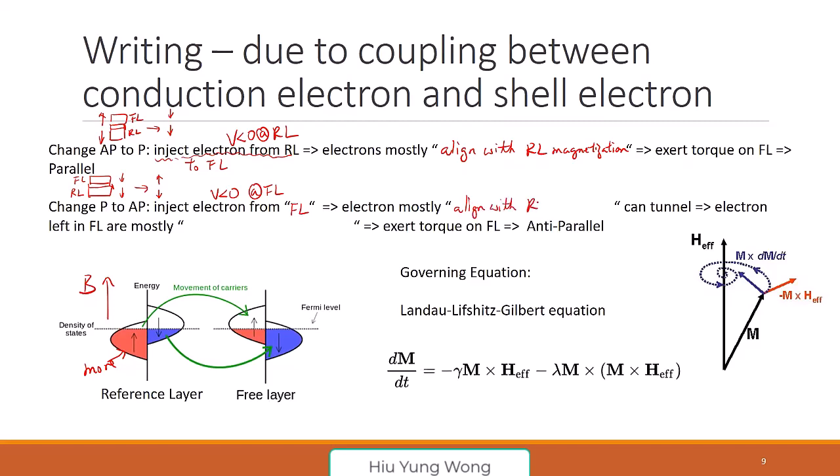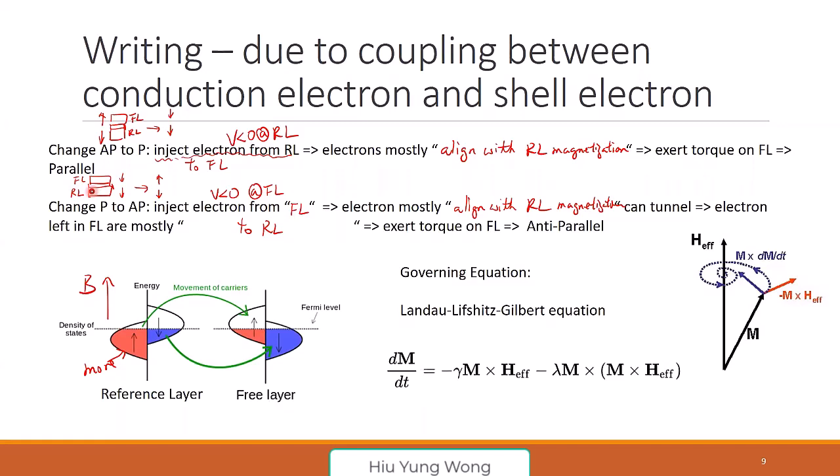Do you inject electrons from the reference layer to the free layer? No. Here the goal is to inject electrons from the free layer to the reference layer, because we apply negative voltage at the free layer. I apply negative voltage on the top, so electrons need to go from top to bottom.